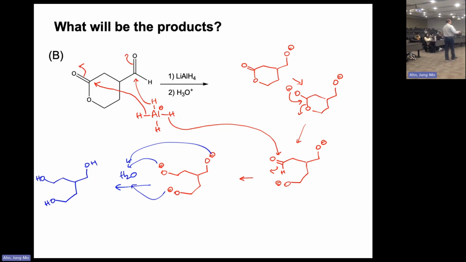All get the proton in the end, you get an alcohol. So this becomes an alcohol, that becomes an alcohol, but that alcohol, that's the one that you should keep. That's the one people sometimes easily forget. Because they're happy to have this reaction done, alkoxy groups, sure, that goes away. Not in this case.